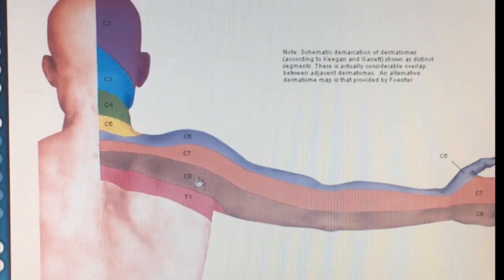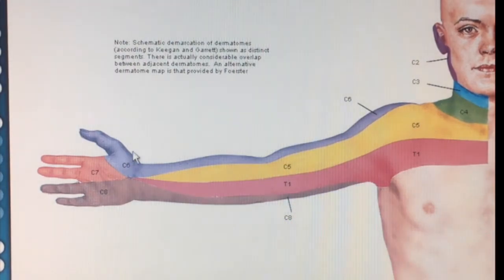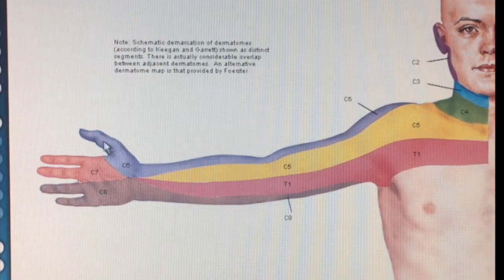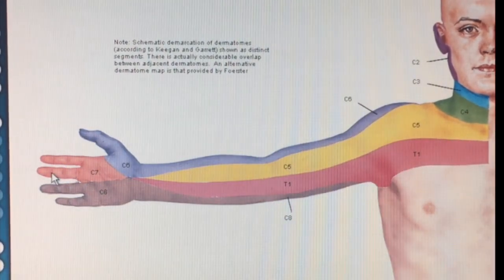Here comes the C8 dermatome, posterior dorsal aspect of the arm, forearm, and going into the ring and little finger, whereas you can see the distribution of dermatomes over the hand in the same form. C6, thumb; C7, part of the palm, index, middle finger; C8, ring, little finger, and medial side of the palm.